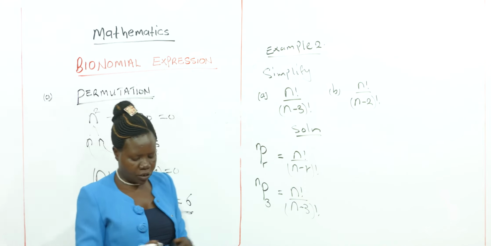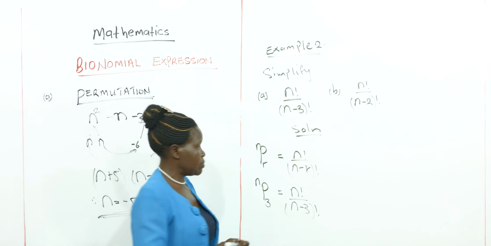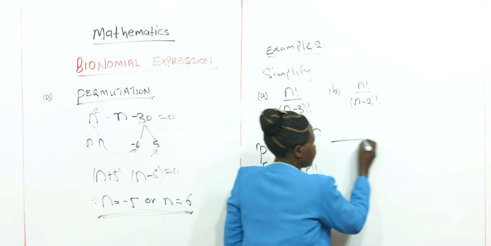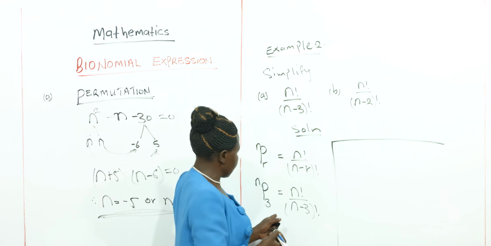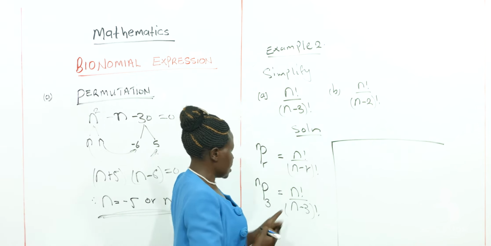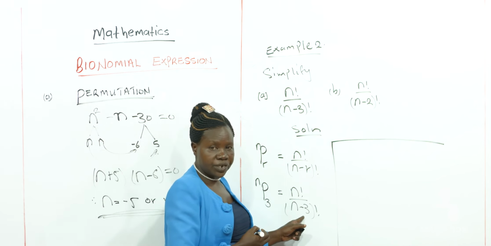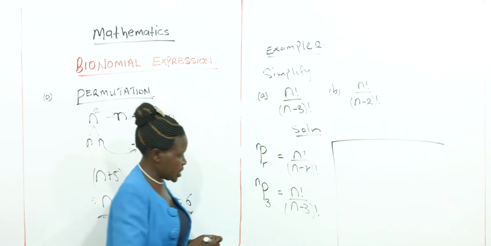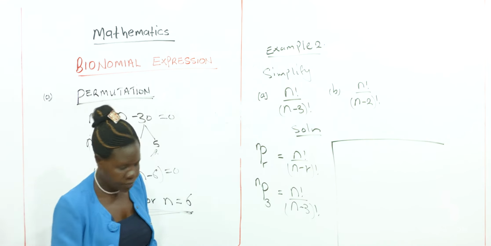The formula matters a lot more than your answer, because you cannot arrive at the possible answer unless you have known what key you are going to use. So let us try to simplify this. This means that you are going to move n until we get n minus 3 factorial.